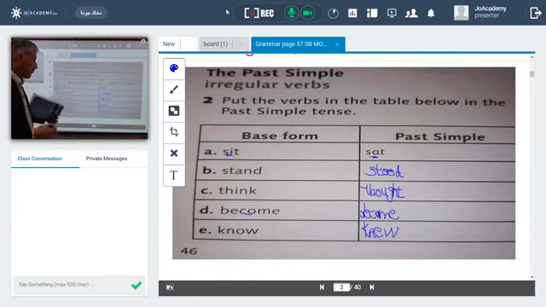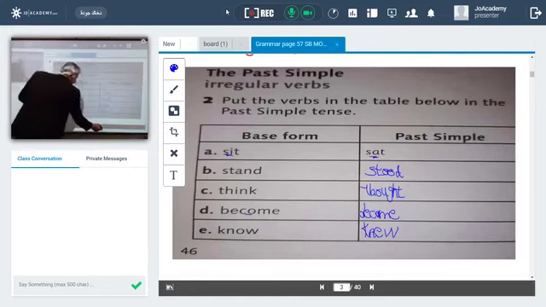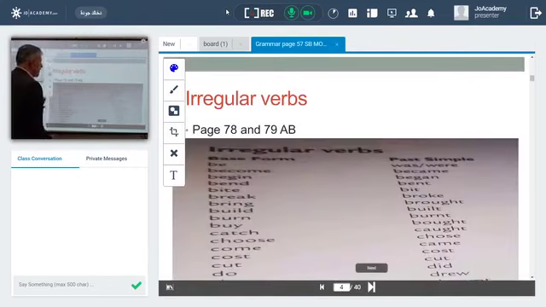Okay, let's move now to the next exercise. Here I have copied some of the verbs. Irregular verbs, page 78 and 79, activity book. Please open your books, page 78 and 79, and go through these verbs and try to memorize and know the meaning of these verbs.